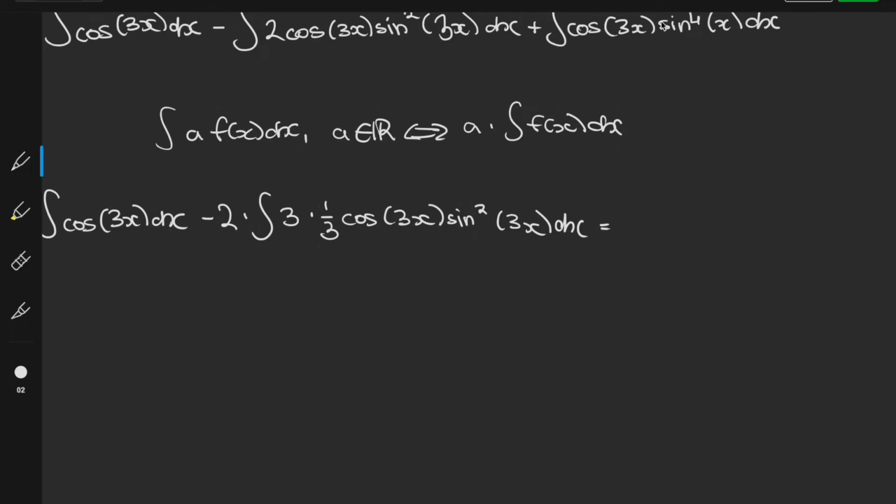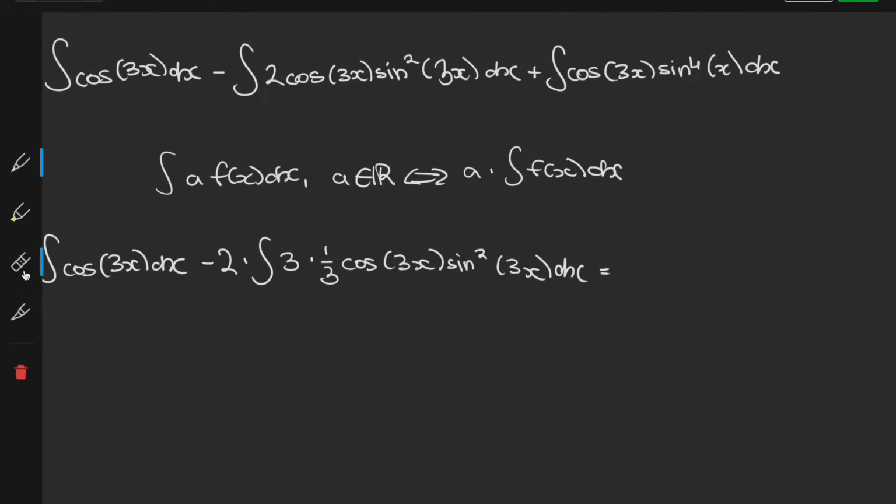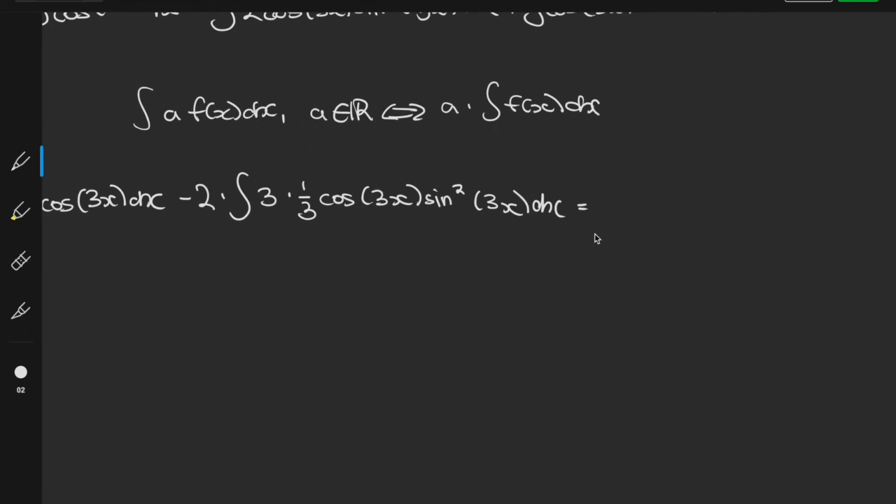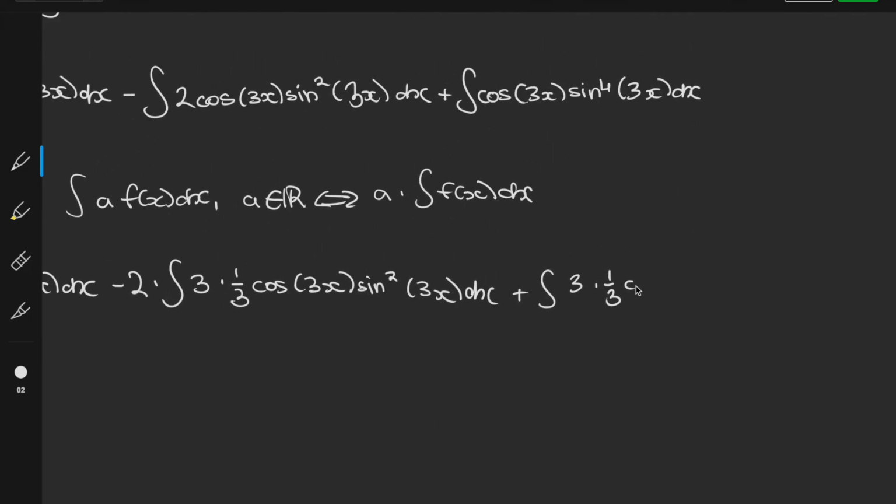I apologize, that is a mistake up there. That needs to be the sine of 3x dx. I'm going to do the same thing here. So that's going to be plus the integral of 3 times a third of what's left. So it's going to be cosine 3x sine to the 4 of 3x dx.